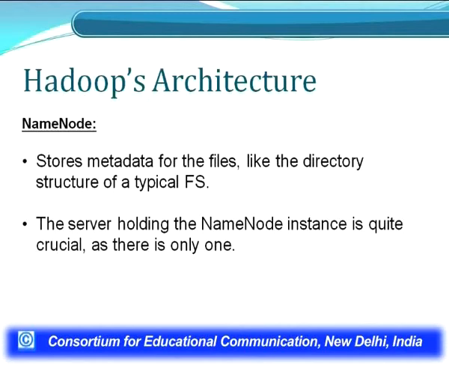Here the name node stores the metadata for files. The server holding the name node instance is quite crucial, as there is only one. This is an important thing about the name node.